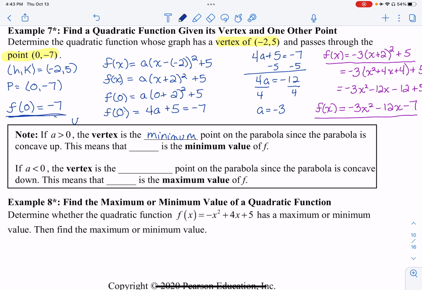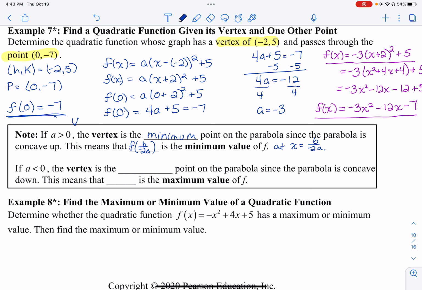Since the parabola is concave up, this point right here is where our vertex is. This means that f(−b/2a) is going to be the minimum value of f, and it's going to happen at x = −b/2a.